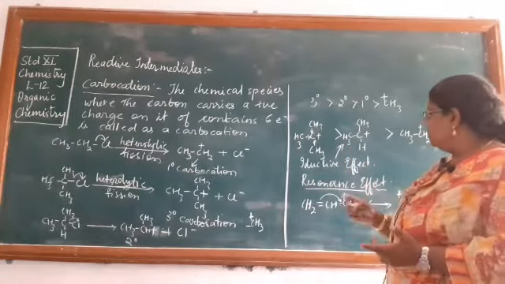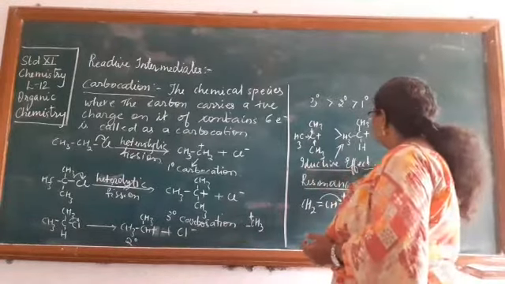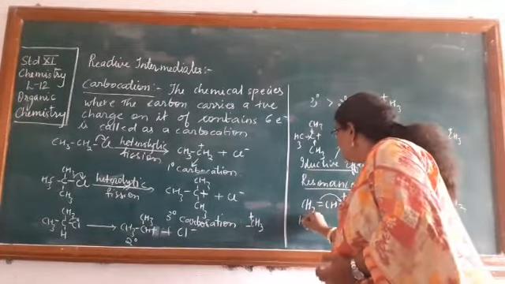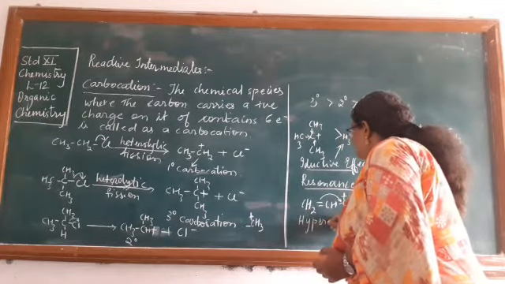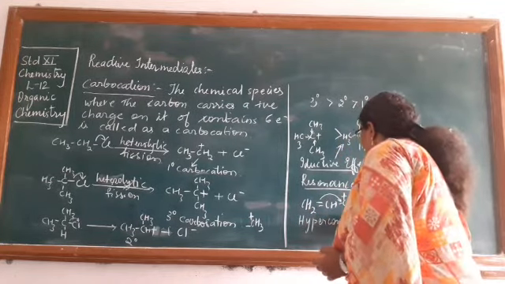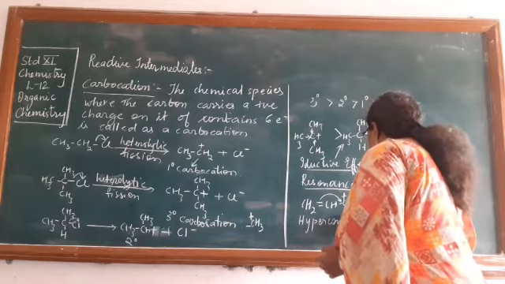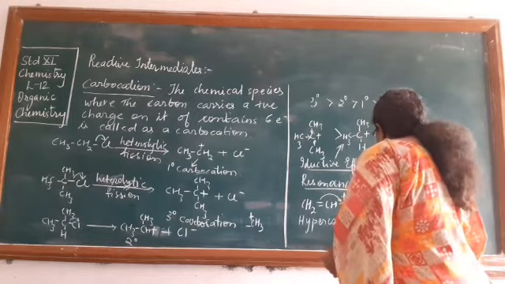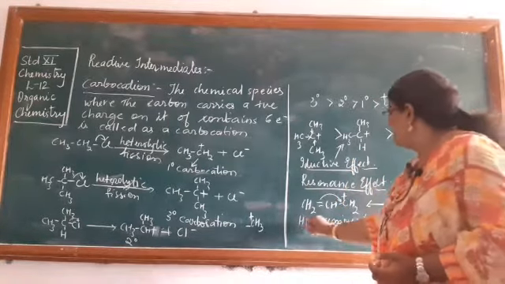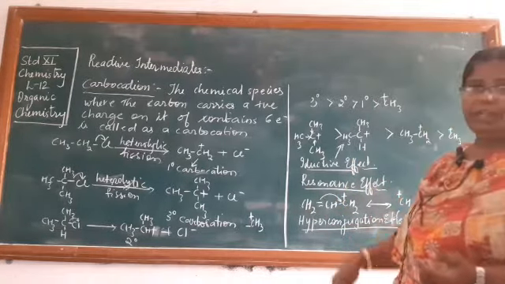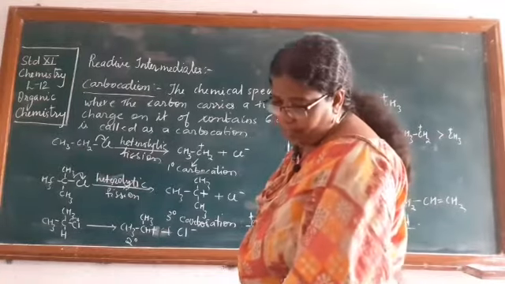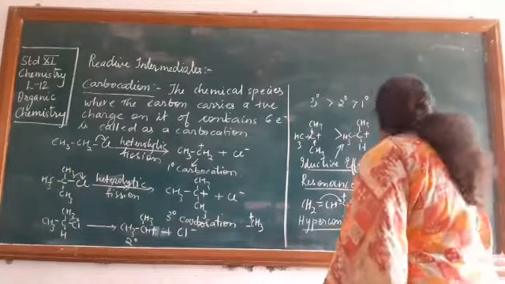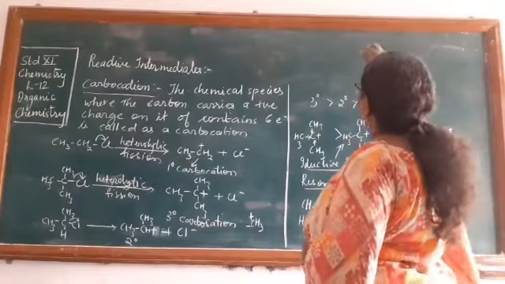ठीक है. One more effect is there which will govern the stability of the कार्बोकेटाइन, that is what we call as hyperconjugation effect. Okay, उसका भी एक एग्जाम्पल लेके समझ लेते हैं. हाइपरकॉन्जुगेशन इफेक्ट, how does it make the कार्बोकेटाइन more stable. For example CH3 CH3, I write it here.